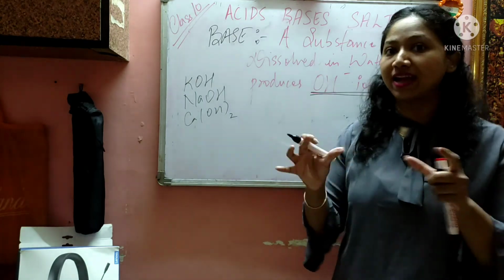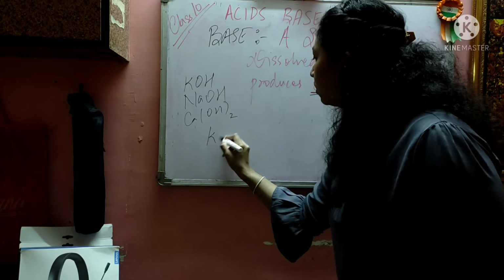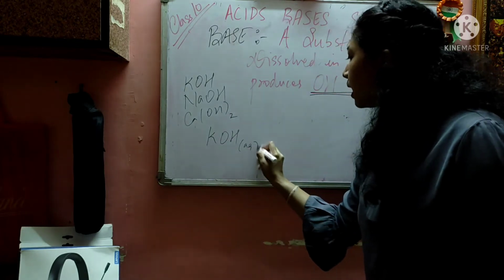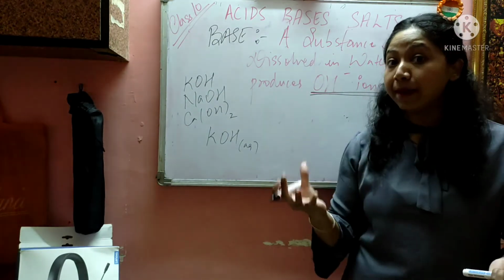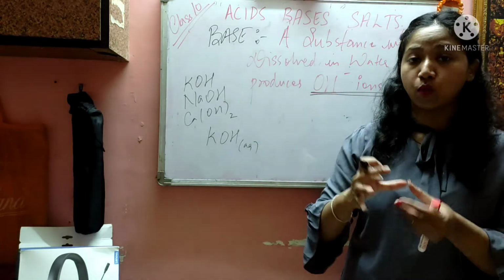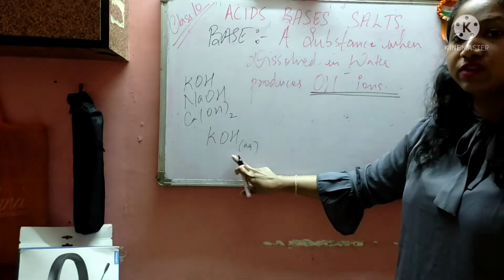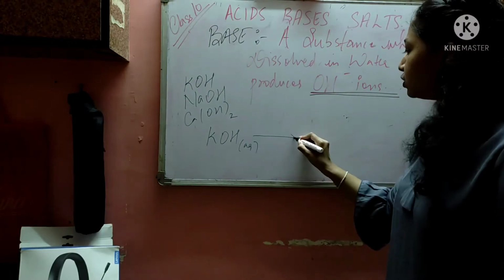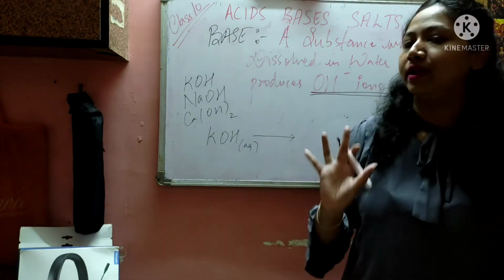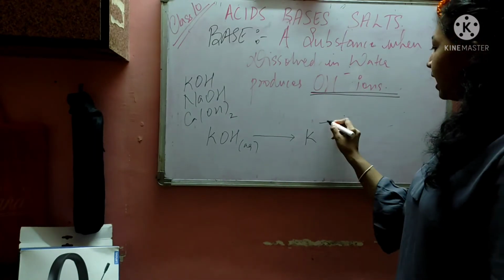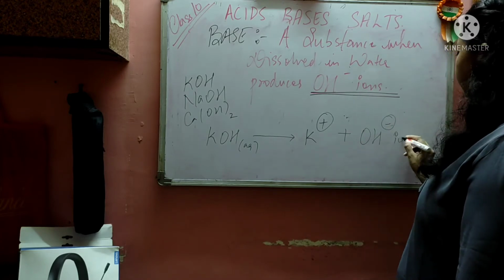Now let's see how the dissociation takes place. This is potassium hydroxide in aqueous medium. Whenever a base is in an aqueous medium, it gets dissociated. So KOH, potassium hydroxide, when dissolved in water, will dissociate into K plus ions and OH minus ions.